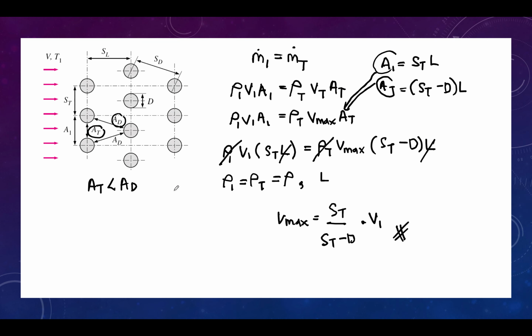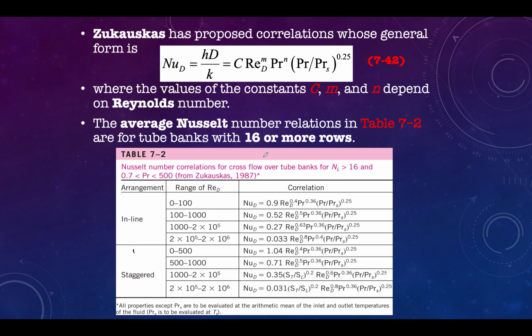If you have done that, you have to compare. Here we have ranges of Reynolds number from 0 to 100, 100 to 1000, 1000 to 2 times 10 to the power of 5, and the last one 2 times 10 to the power of 5 to 2 times 10 to the power of 6.